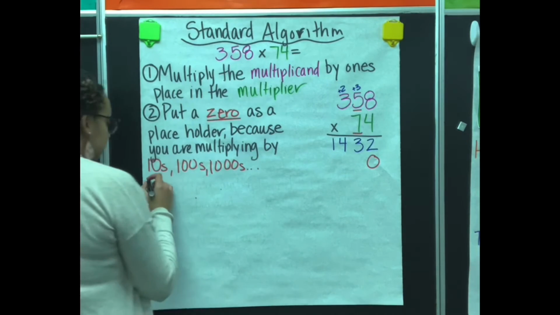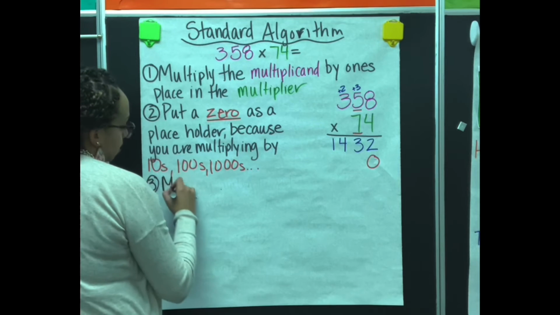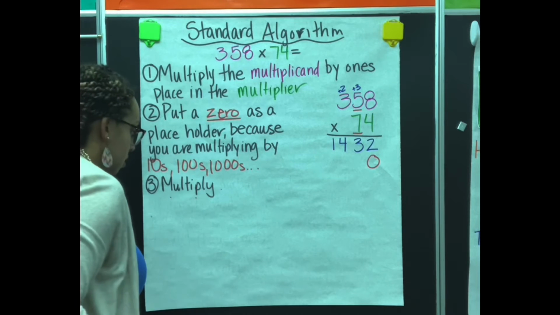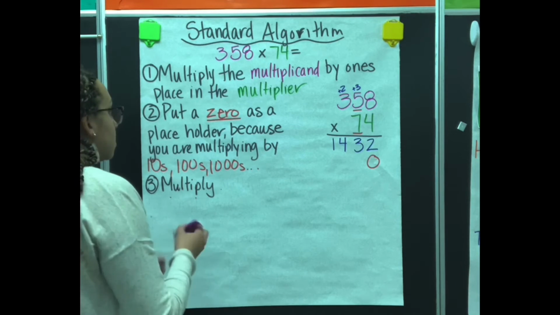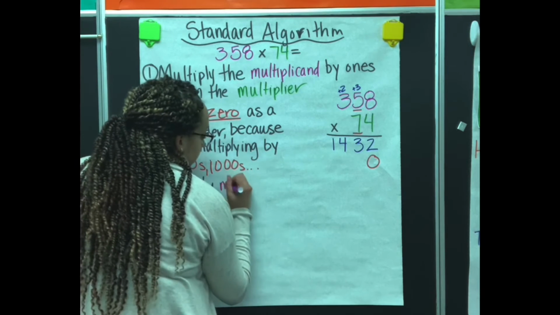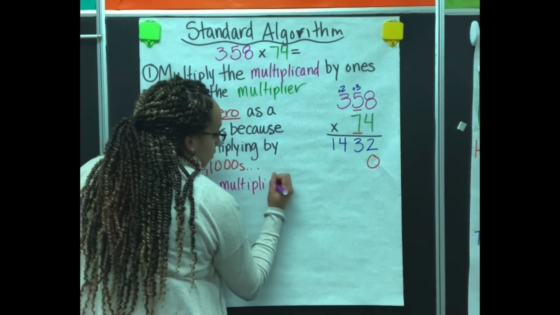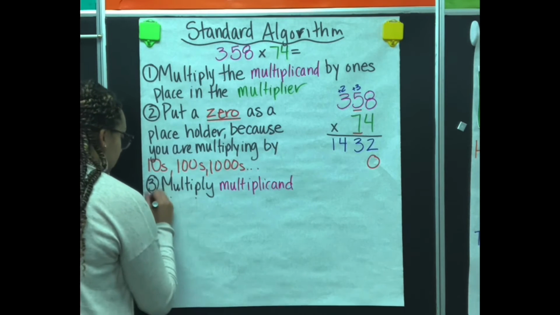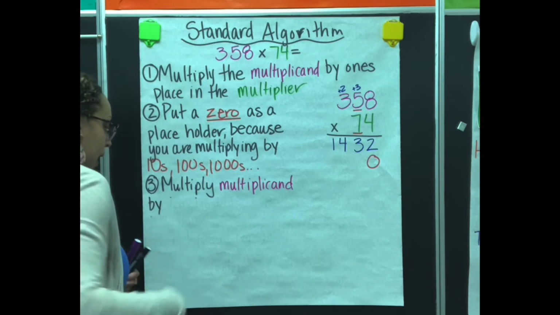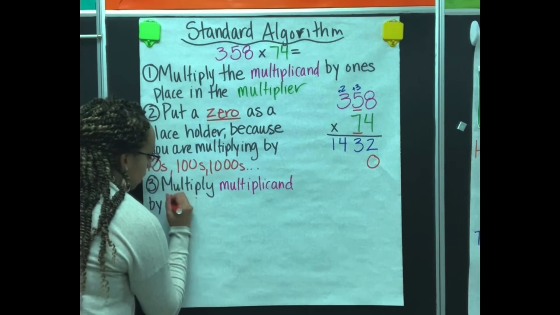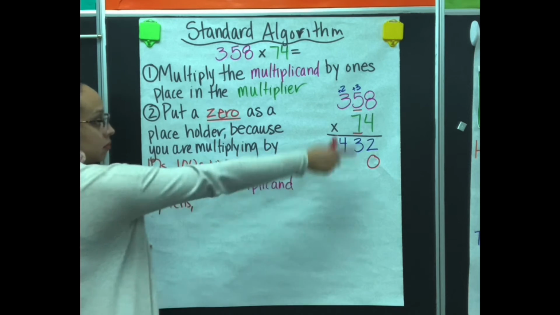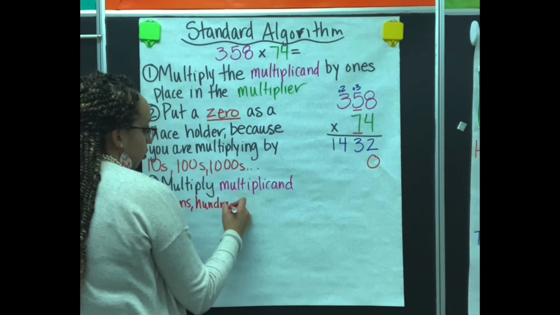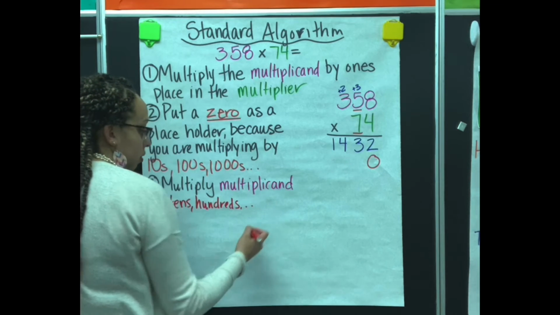The next step is, then you multiply the multiplicand by the tens place, so we'll multiply by 70, or if it had 100, we would multiply that after, and so on, okay?